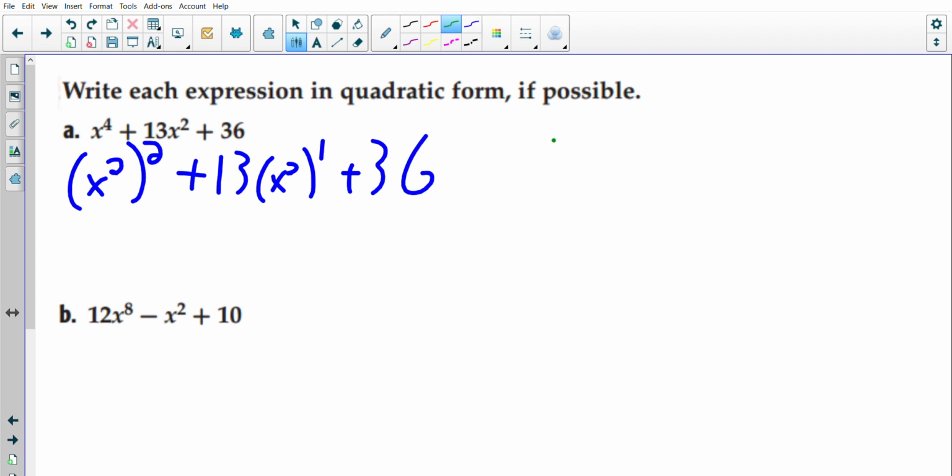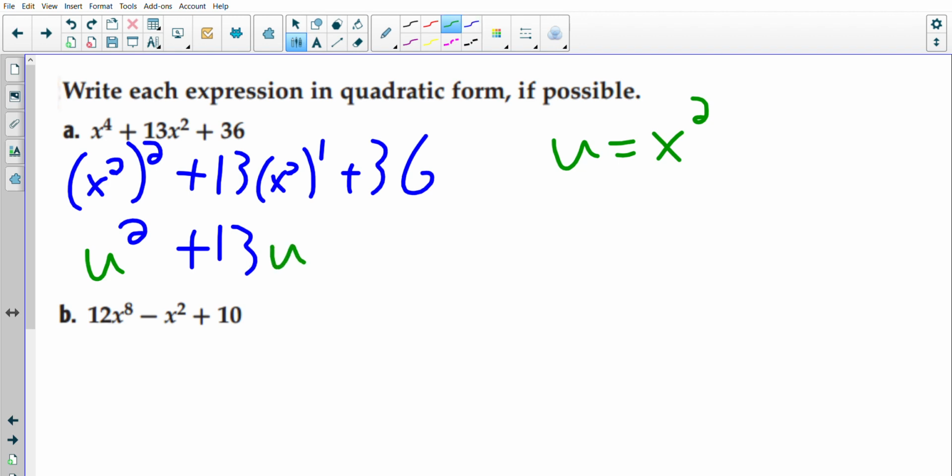So I can say u is actually equal to x squared. So anywhere there's an x squared, I'm going to rewrite it as u. So u squared plus 13u plus 36. So now it looks like an actual quadratic equation, and I'm done.